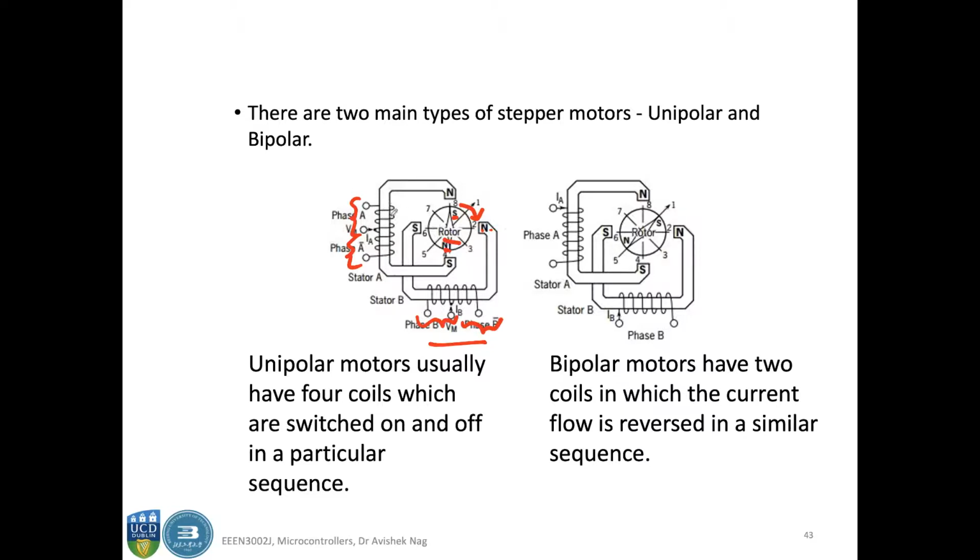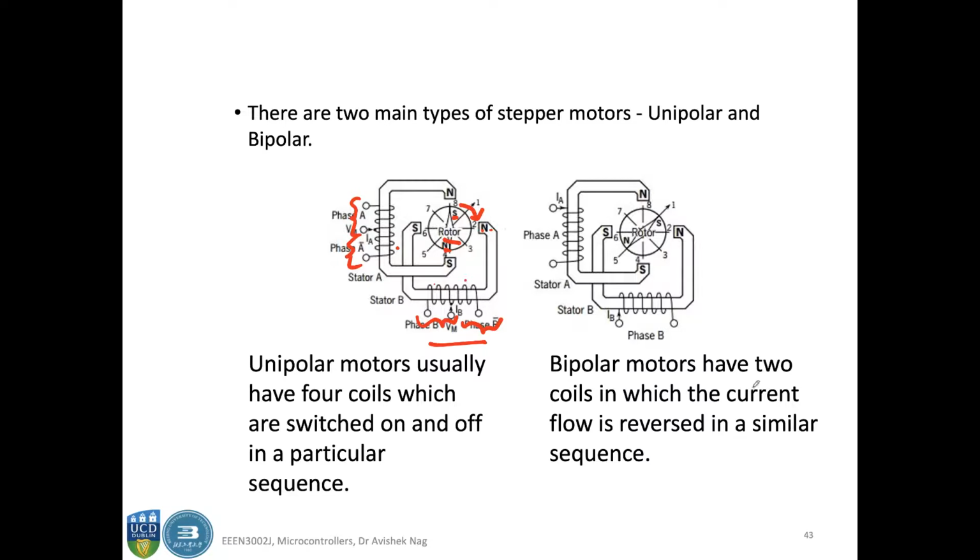Based on the directionality of the current across these coils, let's say you have a current here and no current here, and then current here and no current here, then that is one particular sequence. You can have several combinations of these four coils, whether each has current or doesn't have current, and then your rotor rotates accordingly.